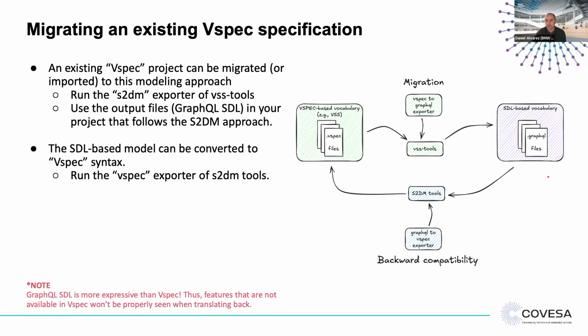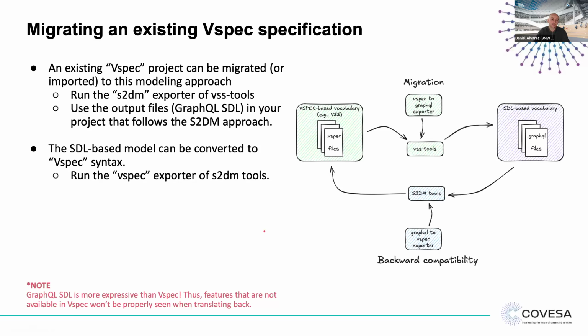And it is possible. We have done a mapper translation that exports the GraphQL files back to the VSpec syntax. But it is important to note that we are converting between two different languages in terms of expressivity. And when you have different levels of expressiveness, not every single feature will be mappable, right? For everything that is today available in VSS, you can construct GraphQL, and you can move back for all those features.